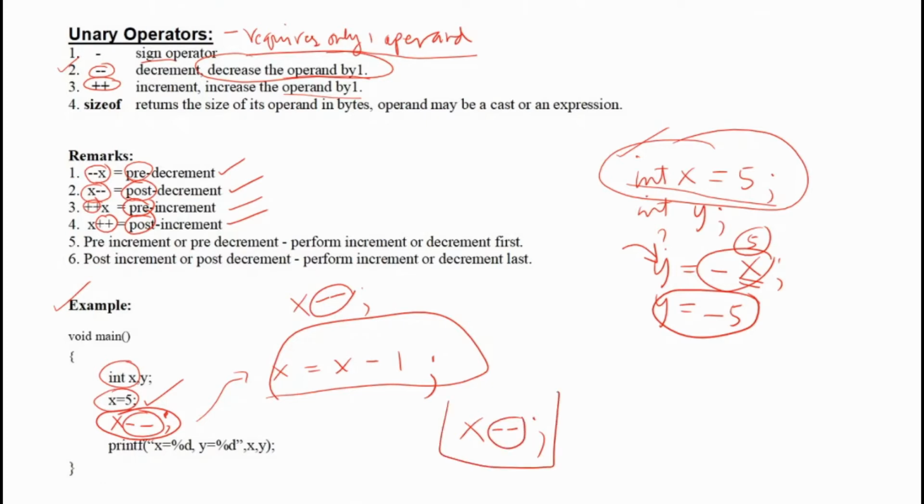So this is called a post-decrement, that is equivalent in effect to saying x is set to the value of x minus 1. So if x is 5, that will make x equal to 4. You decrease x, which is 5, by 1.